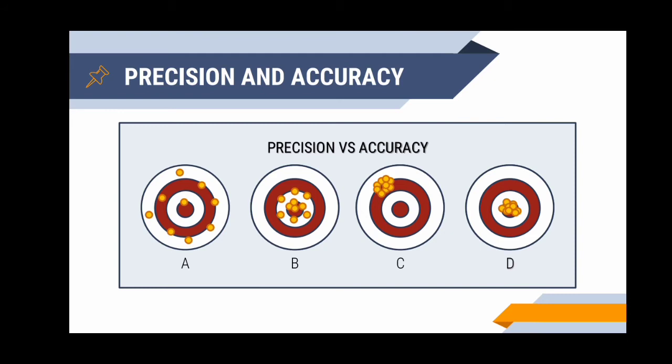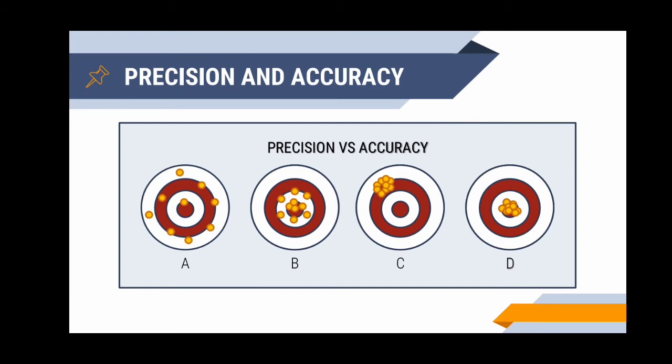Meanwhile, sa board D, it is the one precise and accurate. Yung darts from the center point indicate high accuracy, and darts being close to each other indicate high precision. And this is the ideal one for researchers. Ideal, meaning a standard of perfection.